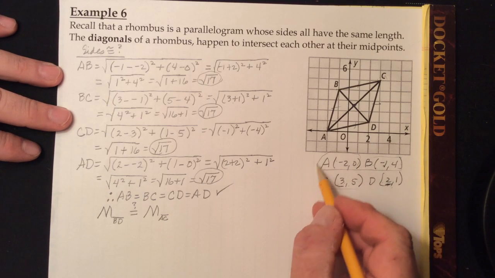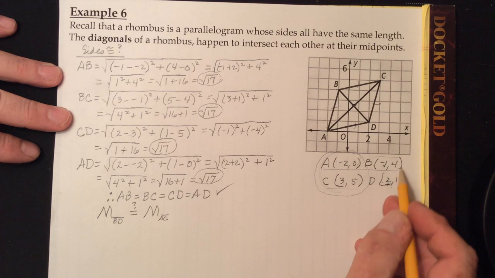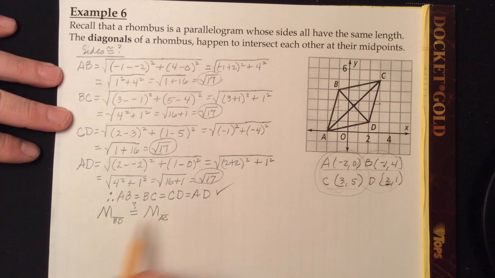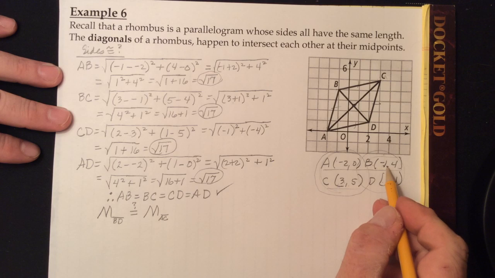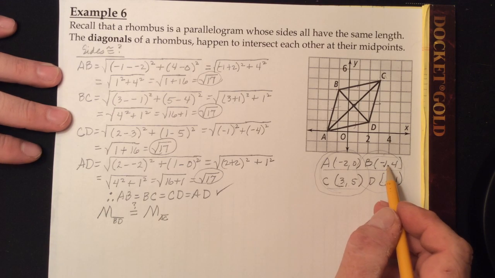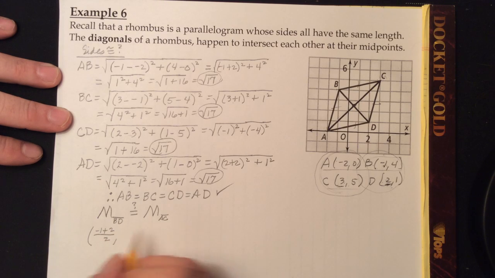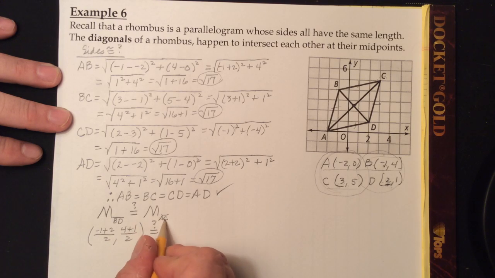AC is right here, these the 2 points for A and C, and for B and D, these two right here. So for B and D, remember it's x1 plus x2 over 2 and so forth. So I'm going to start with the negative 1 for BD. Here we go. The ordered pair, negative 1 plus 2 over 2, comma, and for the y coordinates, 4 plus 1 over 2.